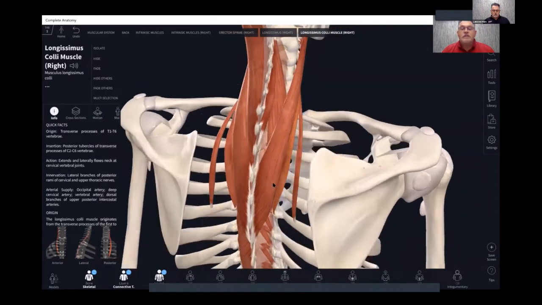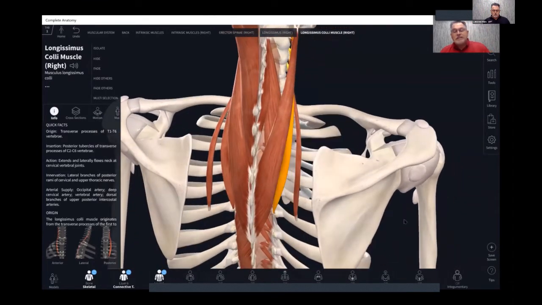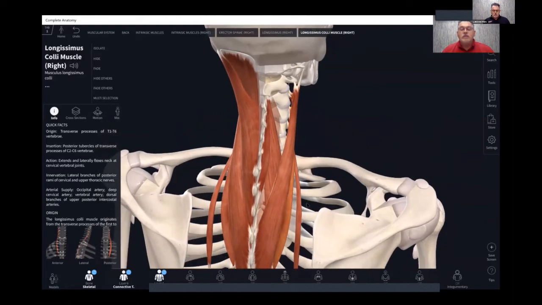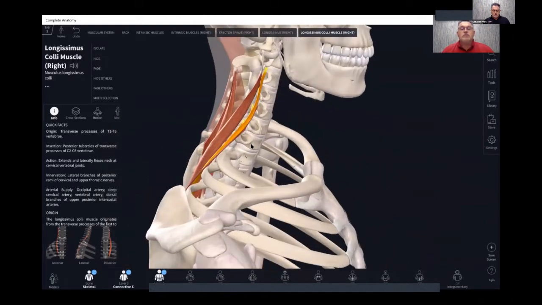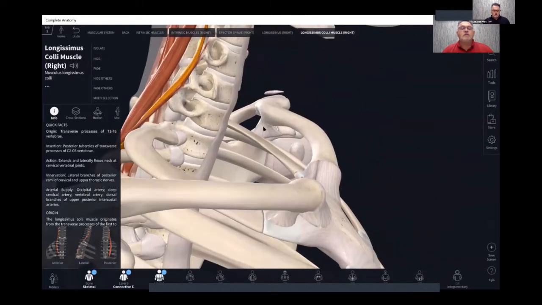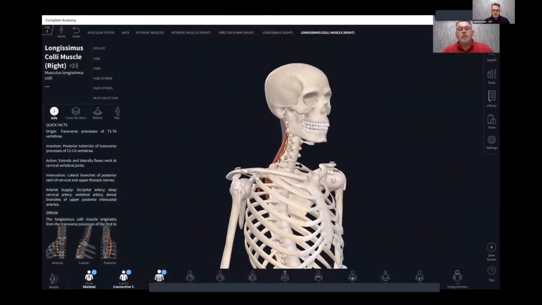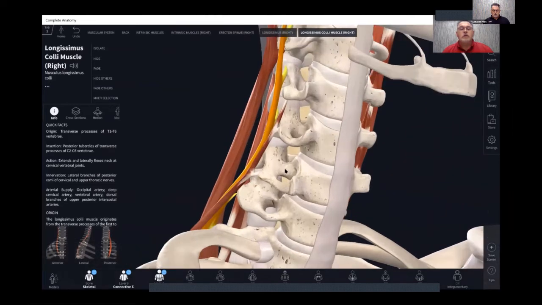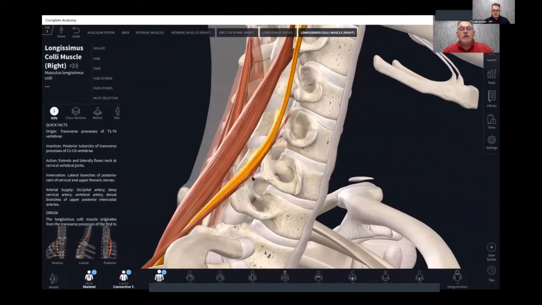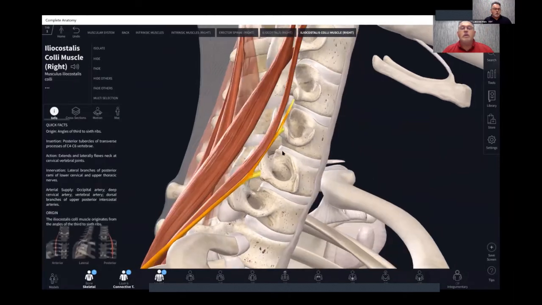So we've got some distal thoracic origin for these muscles, but the interesting part is where they insert. As I move here, I want to take a really close look. As you can see, they attach to the articular pillar.